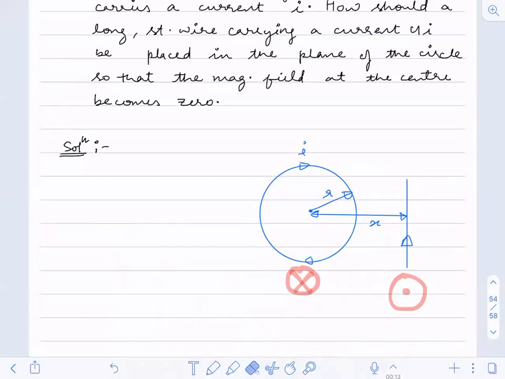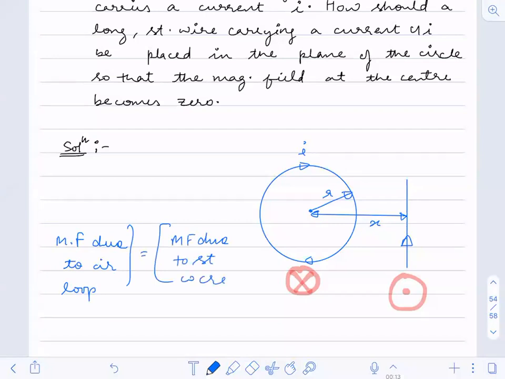Now, can you calculate the value of the magnetic field? One more thing. If the magnetic fields at the center have to cancel each other, can I say that the magnetic field due to the circular loop will be equal to the magnetic field due to the straight wire?